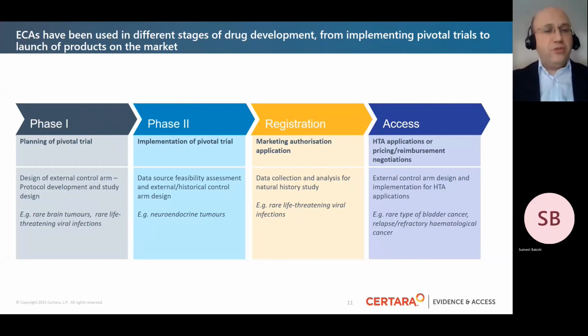For example, rare brain tumors, rare life-threatening viral infections, neuroendocrine tumors, also rare types of bladder cancer, relapsed refractory hematological cancers. As you can see, one word consistently used here is rare, which means that all these conditions are really very rare conditions. They are conditions with poor prognosis and conditions where effective treatments are not available.